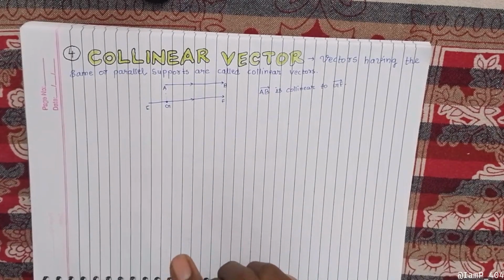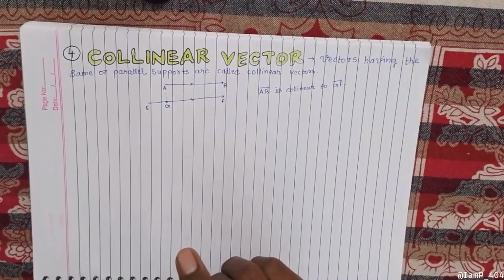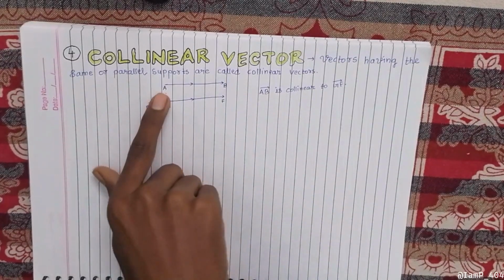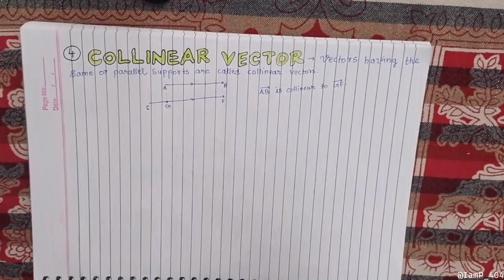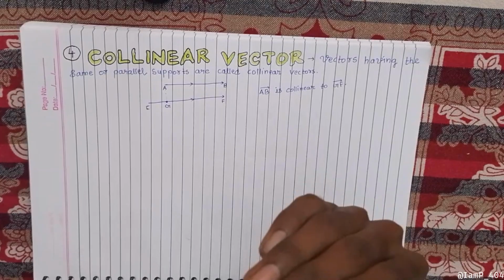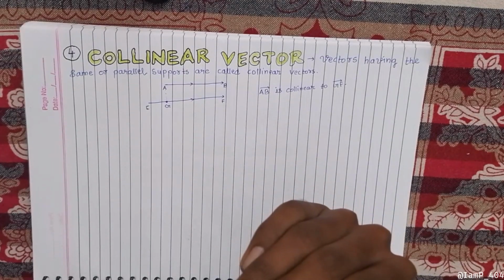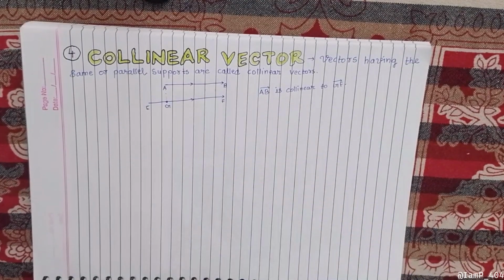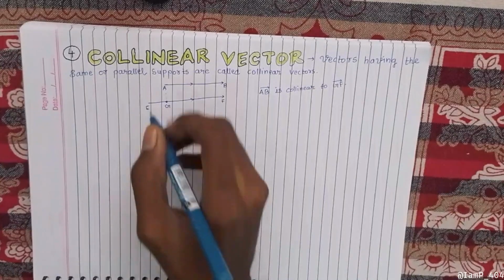How are they collinear to each other? Because they have the same support. Let me clarify again.